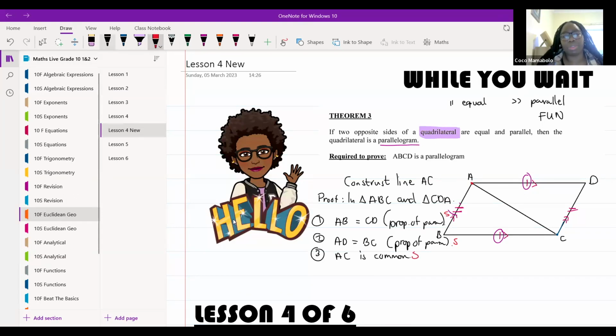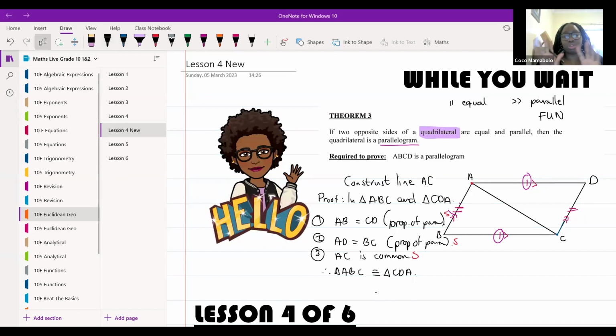Okay, now that I've got my three reasons, then I can say, therefore, triangle ABC is congruent to triangle CDA. Okay, that then tells me that everything else about this is also going to be equal, right?